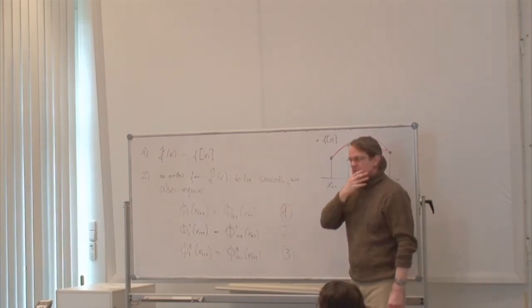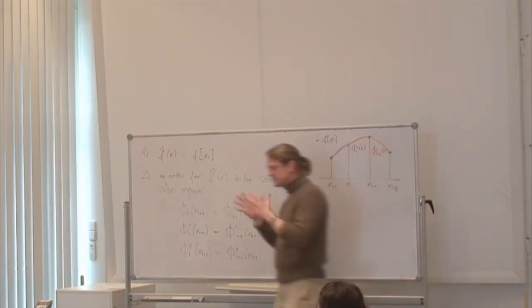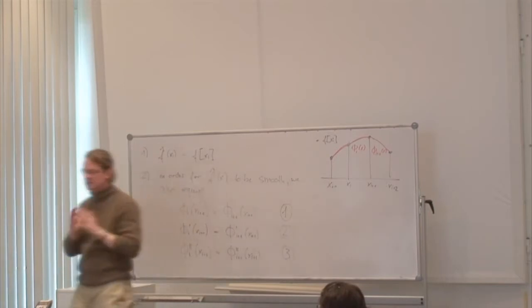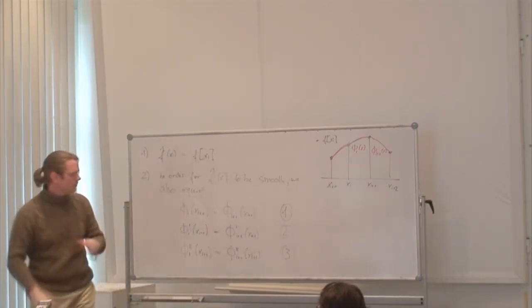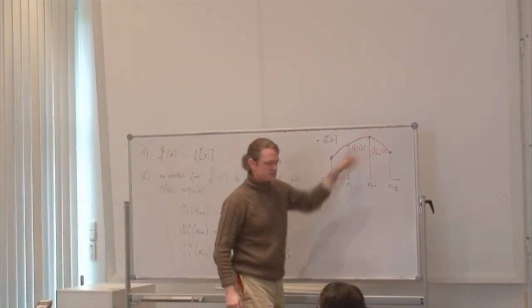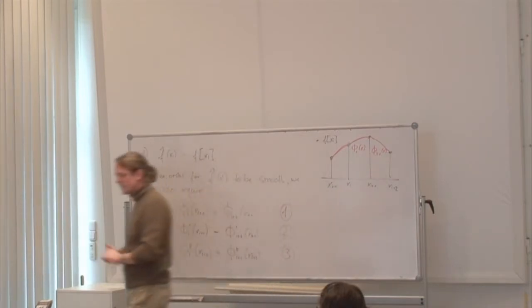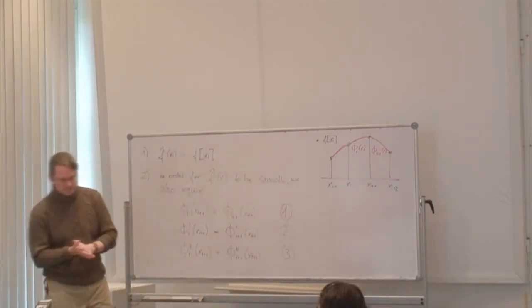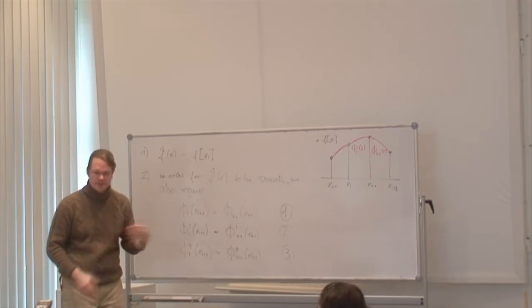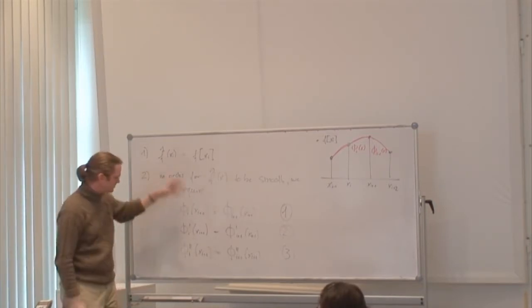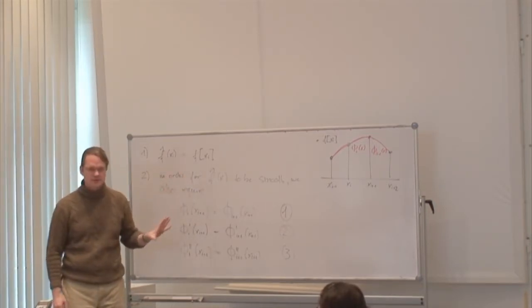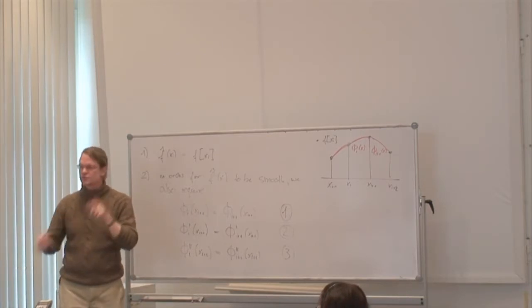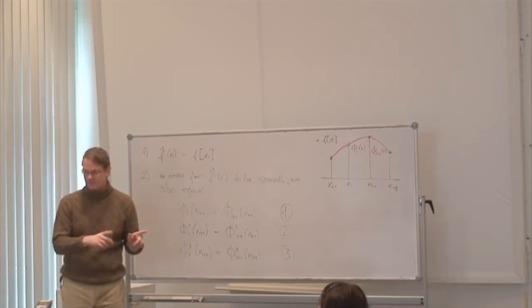Right? In order to determine all these parameters of all these splines, we have to think about how can we rearrange equations like this in order to be able to solve for these parameters.